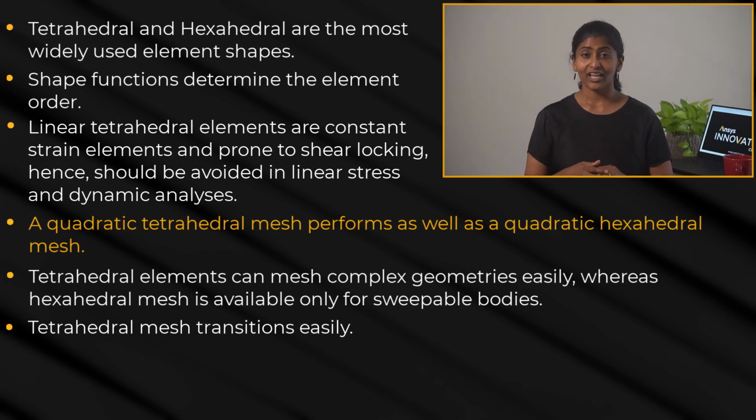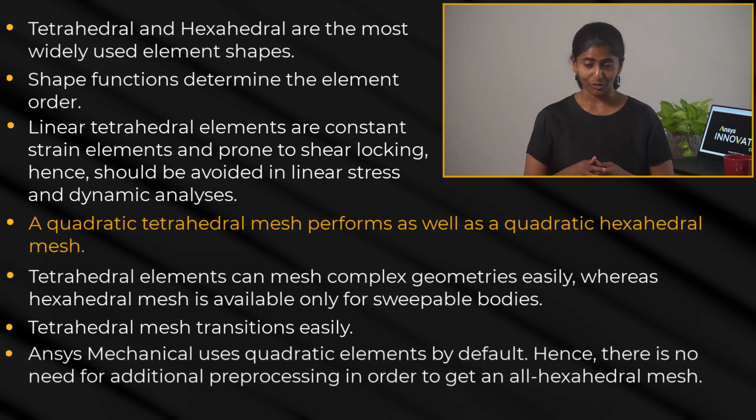from it. ANSYS Mechanical uses second order elements by default and meshes sweepable bodies with hexahedral elements and other bodies with tetrahedral elements. Based on the previous 2 points, we can conclude that if ANSYS Mechanical generates a tetrahedral mesh for any part, in most cases, there is no need to spend time subdividing or simplifying the geometry to get an all hexahedral mesh.